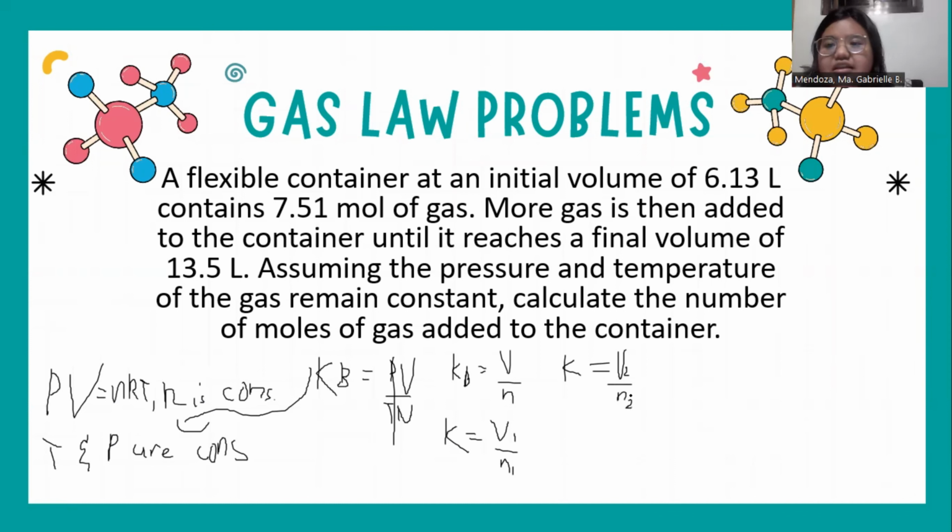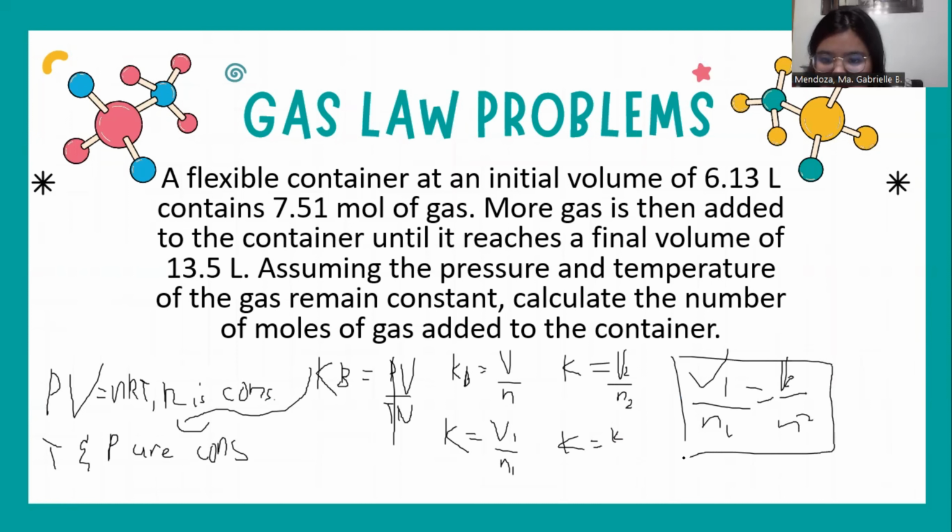So, dito sa case na to, K is equivalent to K. So, therefore, that would be V1 over N1 equals V2 over N2. So, ayan na. This is the formula that we're going to use. V1 over N1 is equals to V2 over N2.